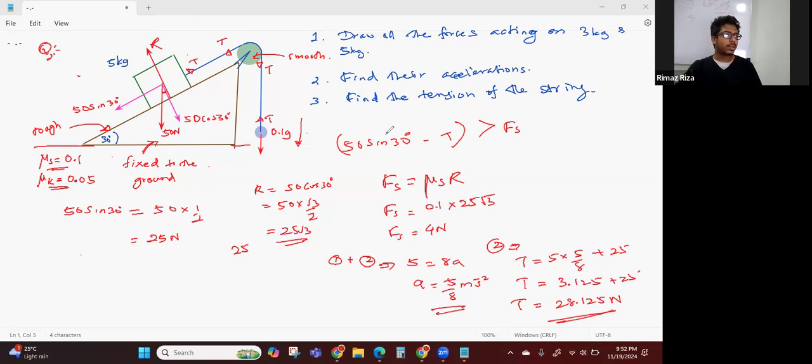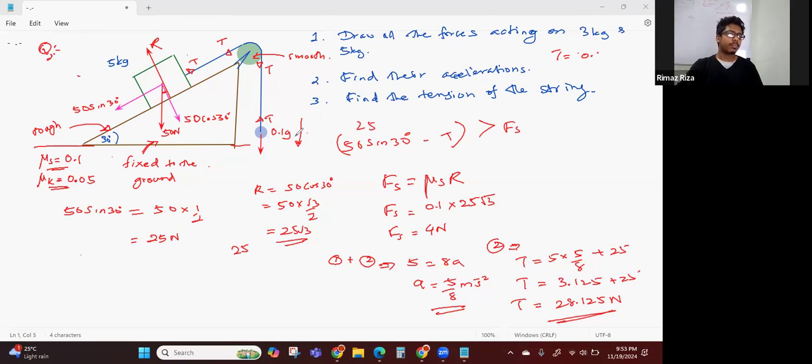But here, this value, 50 sine 30, is 25. If you assume the system is in equilibrium, the tension maximum value is T equals mg. Mass is 0.1 gram.